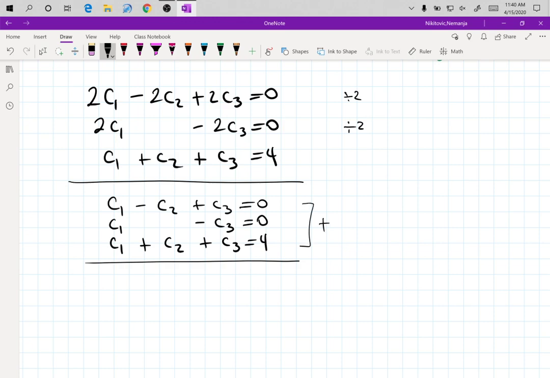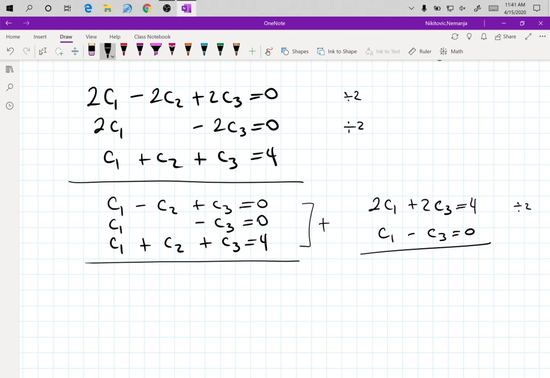So we're going to add equations 1 and 3. That's going to give us 2C1 plus 2C3, because C2's cancel, equals 4. And we still have C1 minus C3 equal to 0.